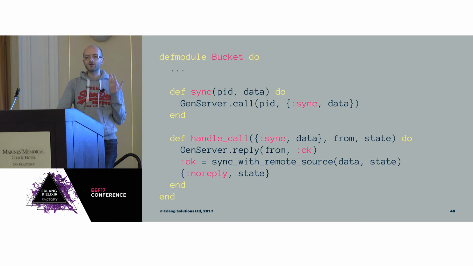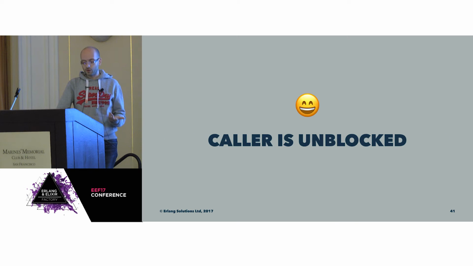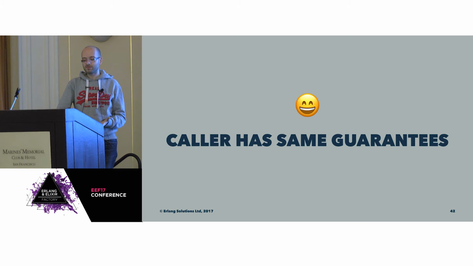So this way, the caller is unblocked, and you have the guarantee that by the time this call returns, the work will be executed. It's in the process of being executed. So the caller is unblocked, and it has the same guarantees, meaning if you just care about that, you know that that's going to happen.